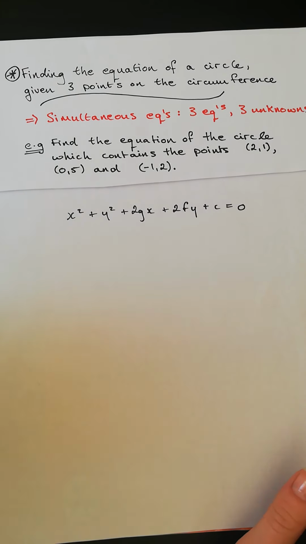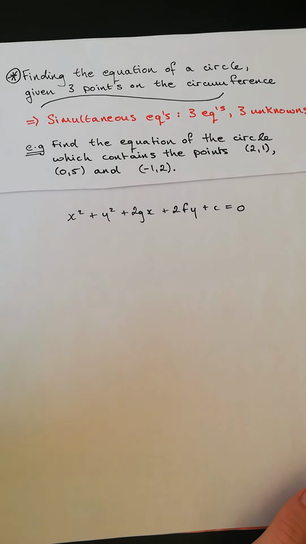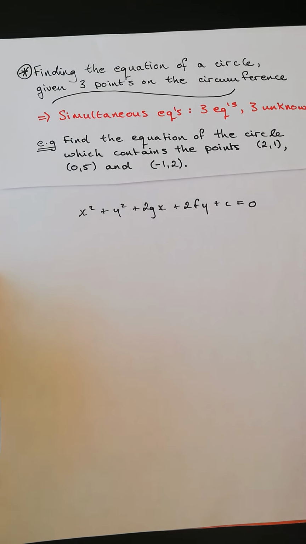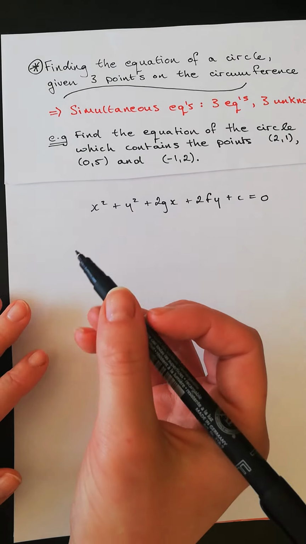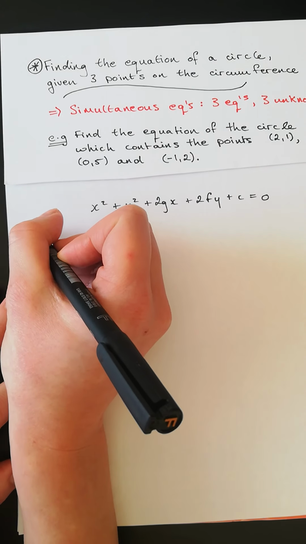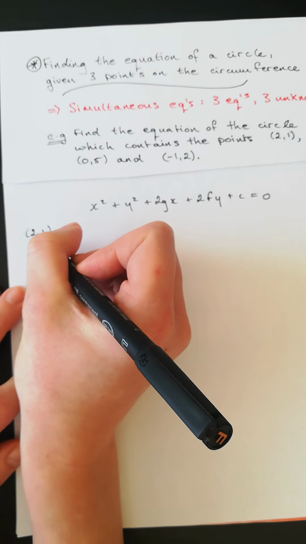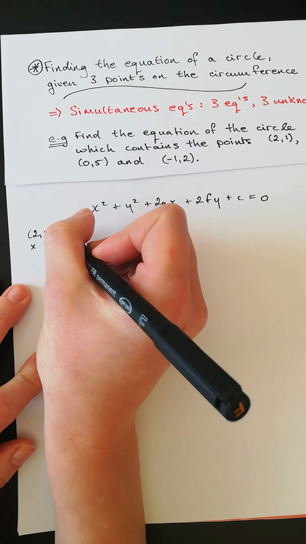And just like if we were given a point on a line or a point on any function, you sub it in. Okay, so I'm going to sub in each of these 3 points. First up, I've got (2, 1). So I'm subbing 2 in for x and 1 in for y.